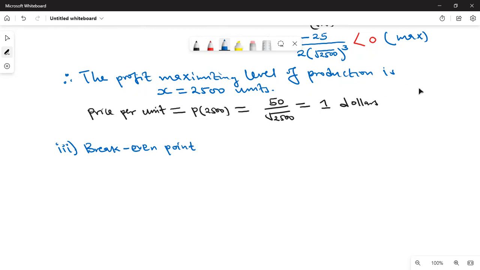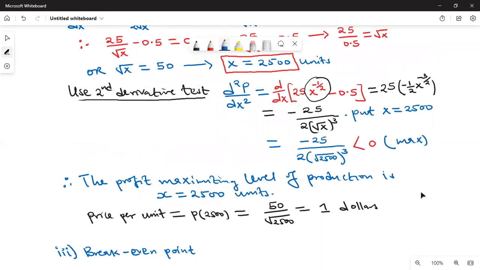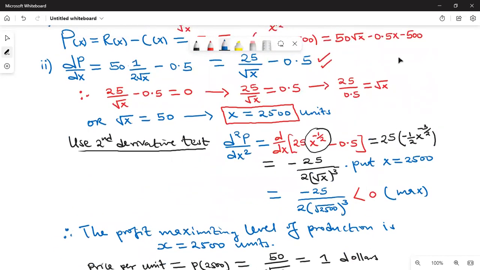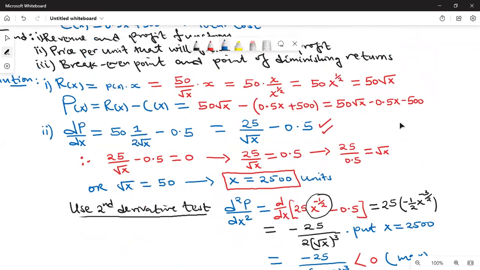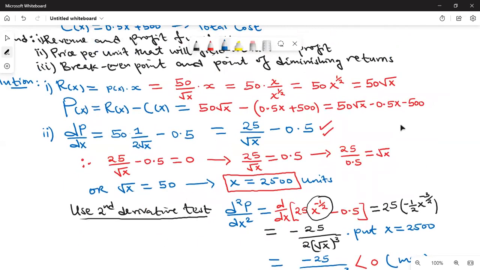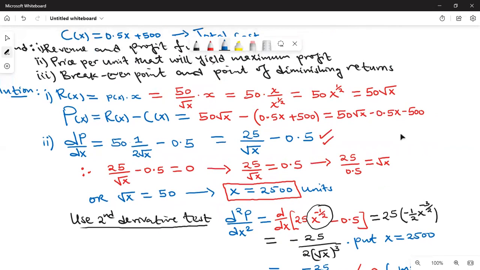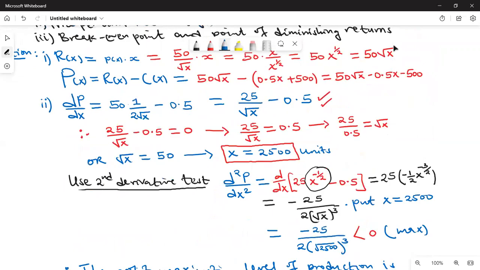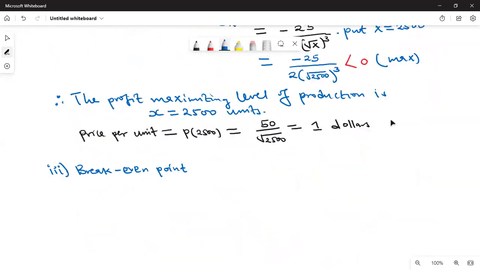We said that at any break-even point, the total cost must be equal to the total revenue. So look at our revenue function, that was 50 root x. Equate that to the cost function 0.5x plus 500, and then solve for x.